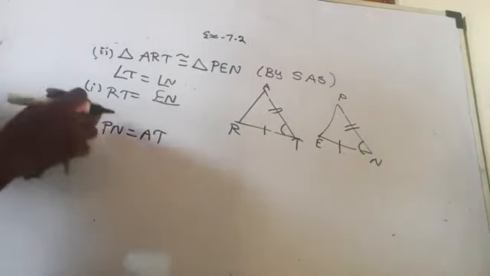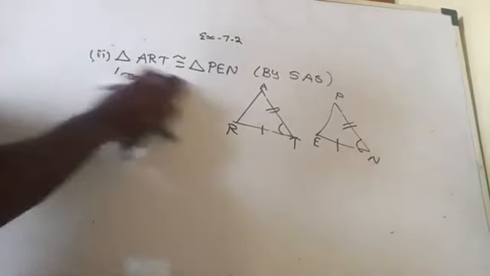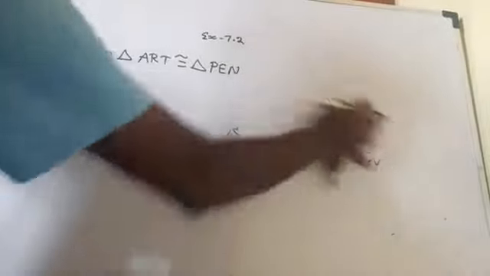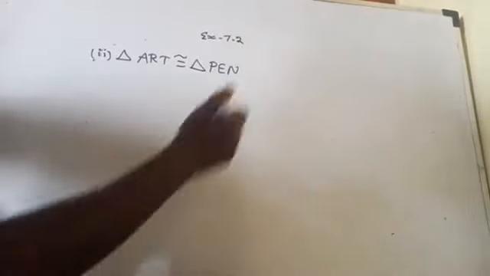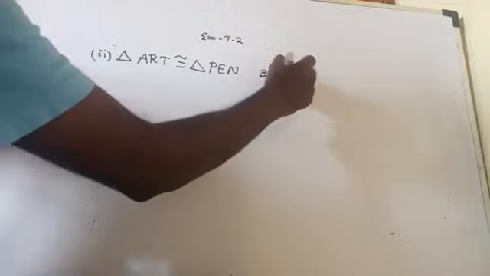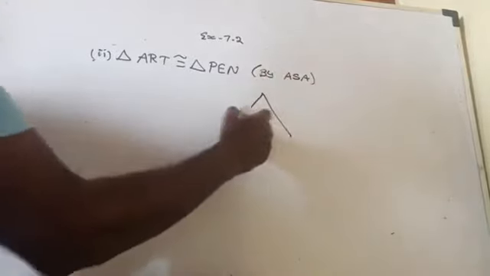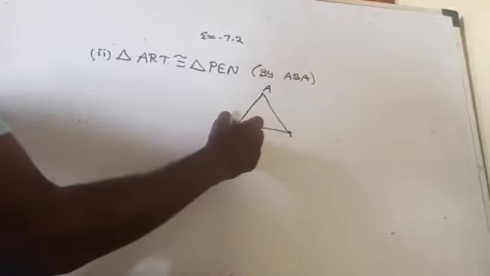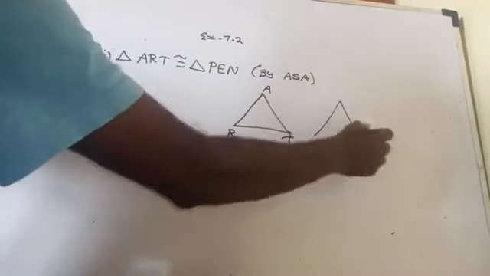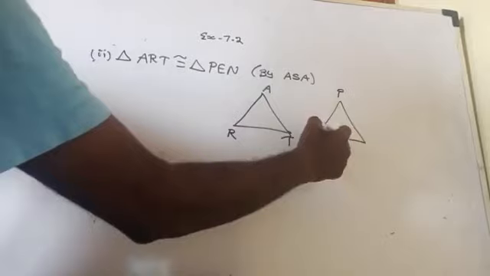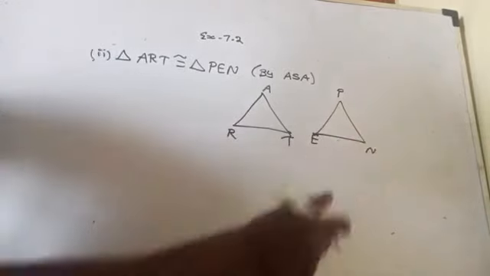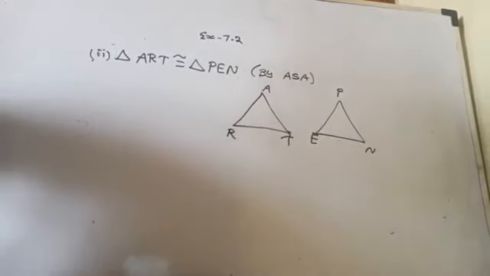Then AT equal to PN, it is given, by ASA. So triangle ART is congruent to triangle PEN. Am I right?